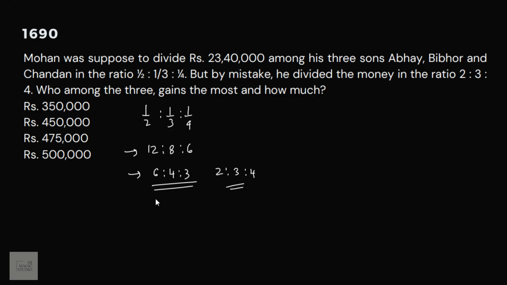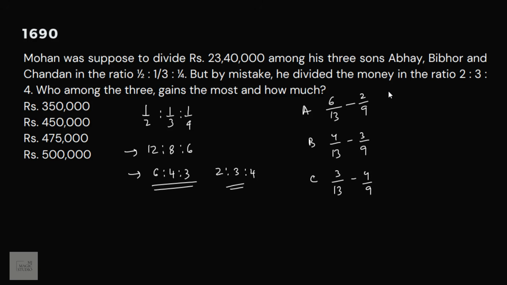So A is supposed to get 6 by 13, B 4 by 13, and C 3 by 13, but they got 2 by 9, 3 by 9, and 4 by 9.